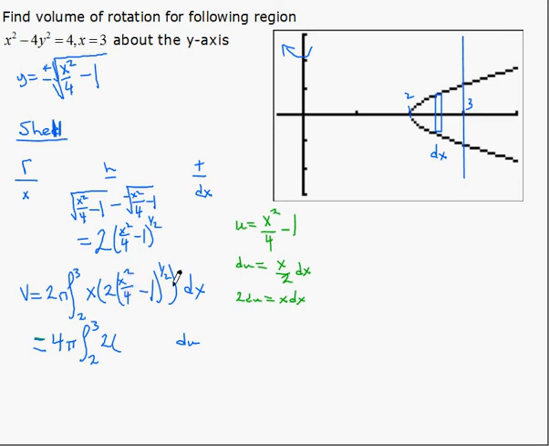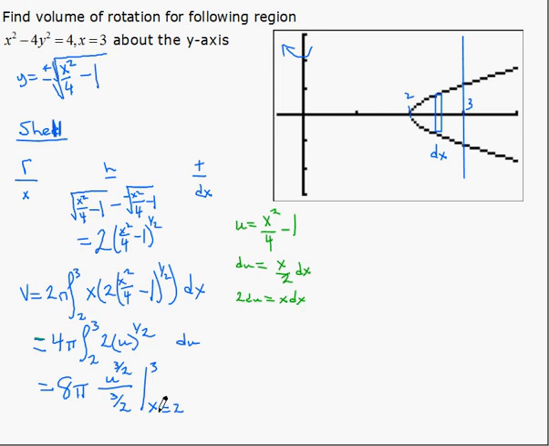X squared over 4 minus 1 is u, so that's u to the power of a half du. Integrating, 4 times 2 is 8, we'll take that 2 outside. U to the half becomes u to the 3 over 2 over 3 over 2, and that has to be evaluated from x equals 2 until 3.